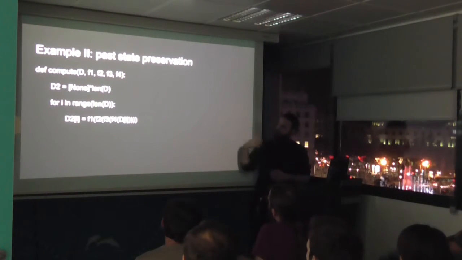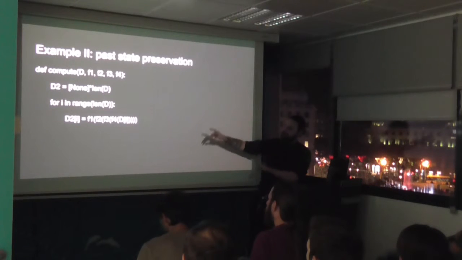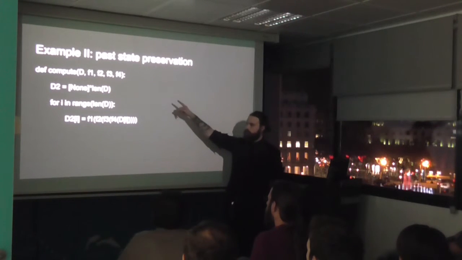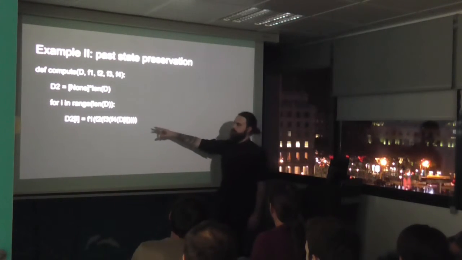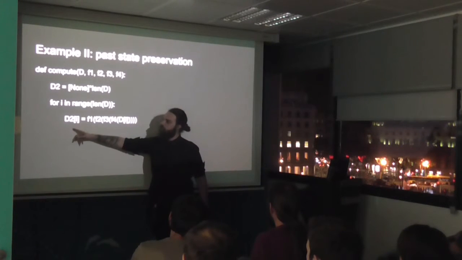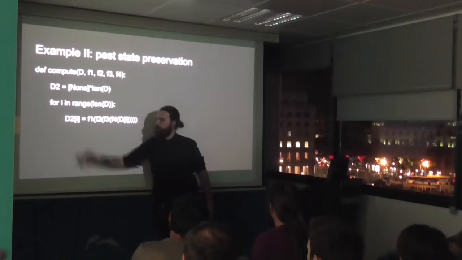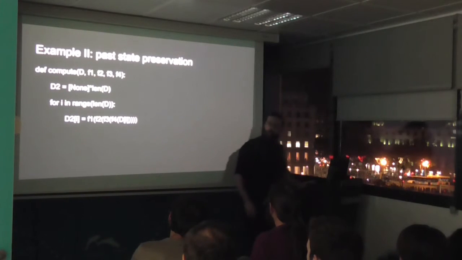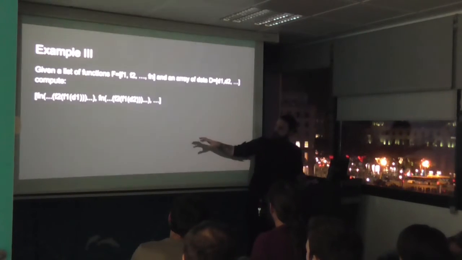If we apply the same law that we have to preserve the state of the world, we end up with this function that is the same as before. We define a new function, and we assign the values of the computation to that new function and return this. I missed the return. But you get the idea.